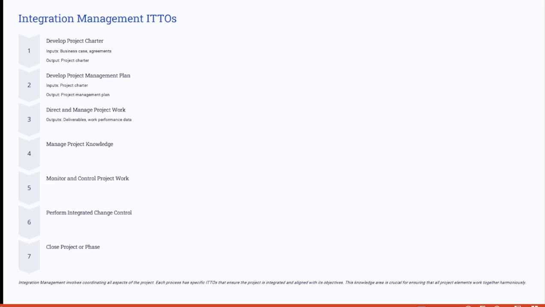What are the integration management ITTOs? Integration management involves coordinating all of the aspects of the project. Each process has specific ITTOs, or inputs, tools and techniques, and outputs, that ensure the project is integrated and aligned with its objectives. This knowledge area is crucial for ensuring that all project elements work together harmoniously.